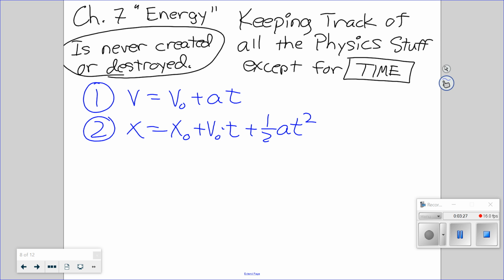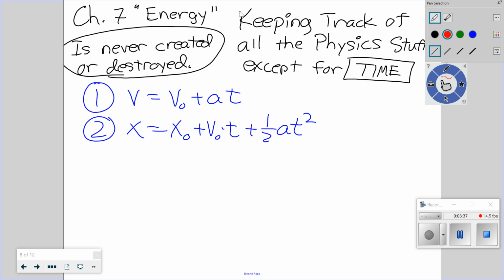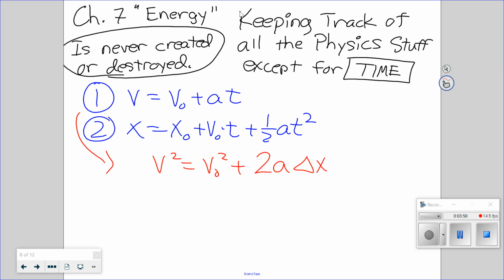We canceled out the time once upon a time, weeks ago. And what did we get? We call it equation 3. And it goes like this. Final velocity squared equals initial velocity squared plus 2 times acceleration times the displacement.